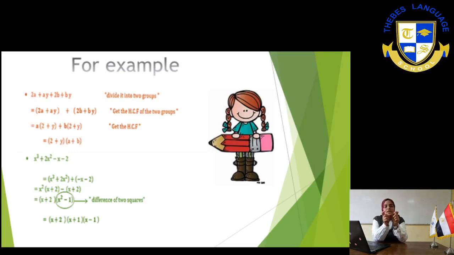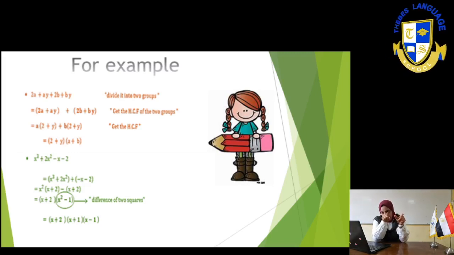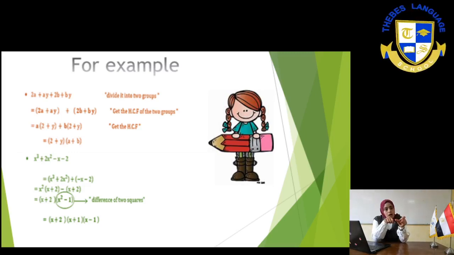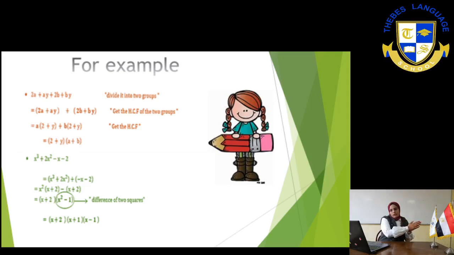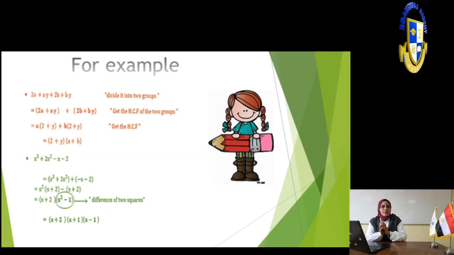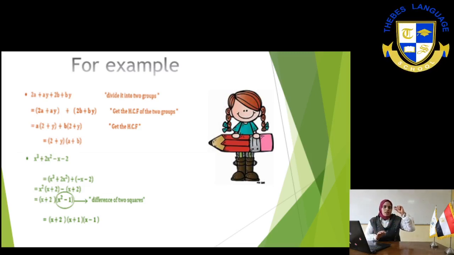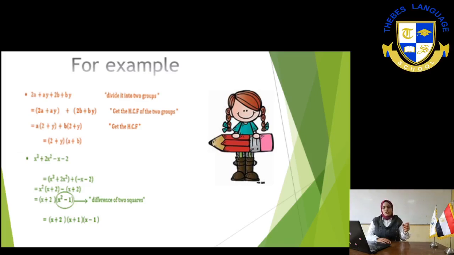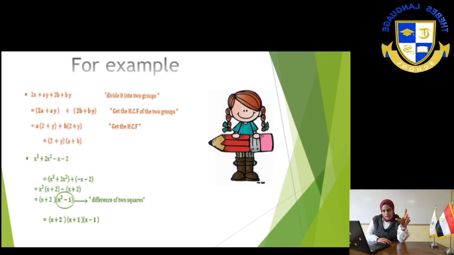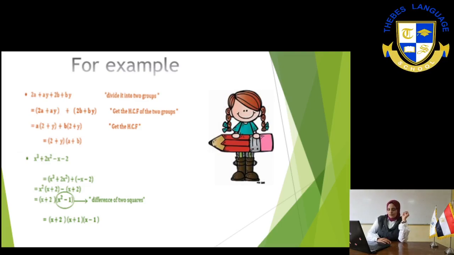So we have 2 plus y and 2 plus y as a common factor between the two expressions. We will take 2 plus y as a common factor. We have a plus b. So the original expression 2a plus ay plus 2b plus by is factorized into 2 plus y and a plus b.